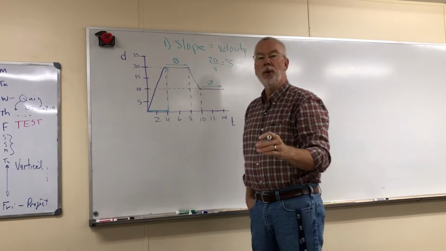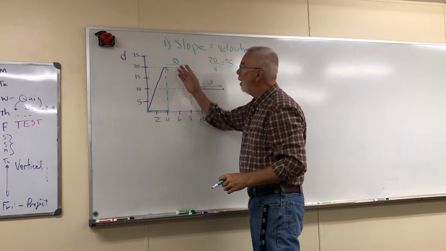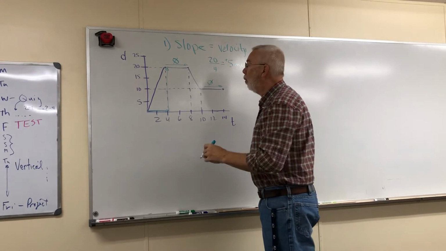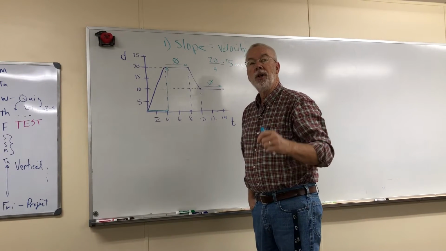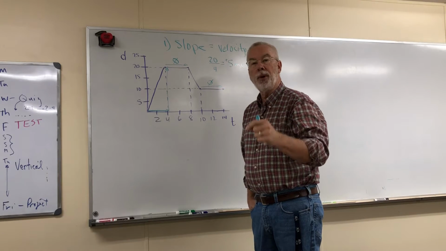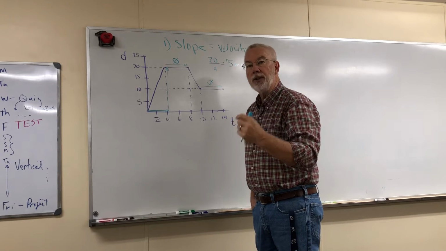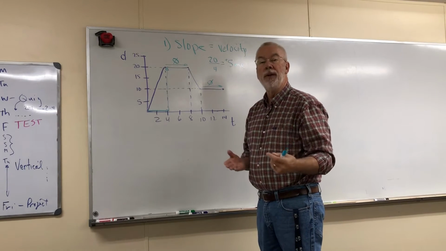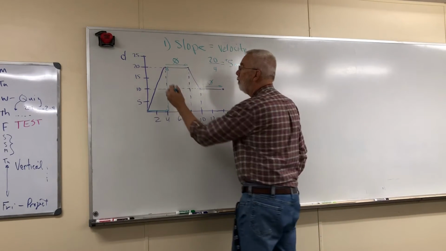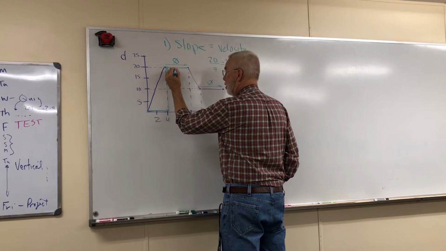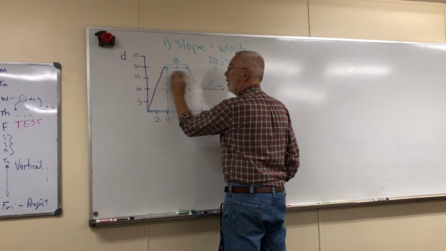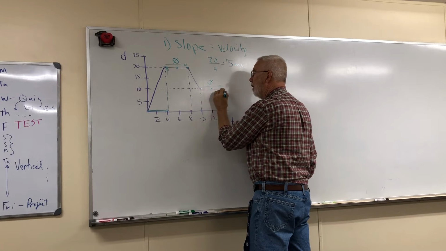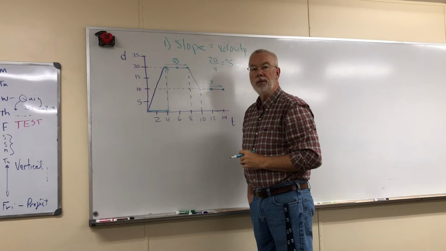Now, it's important for you to know that when you have 0 slope on a distance time graph, what that's telling us is that the object, the person, whatever it is that's moving, that created this graph, is not moving, it's standing still. So for this many seconds, right in here, it's standing still. For this many seconds, right here, it's standing still.